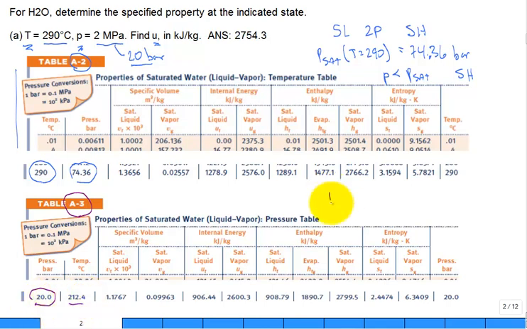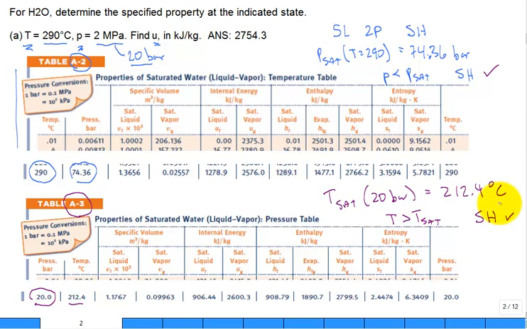We find the saturation temperature at 20 bar comes in at 212.4 degrees C. And we compare, what is our actual temperature? 290. So our actual temperature is greater than the saturation temperature, and we conclude it's superheated.